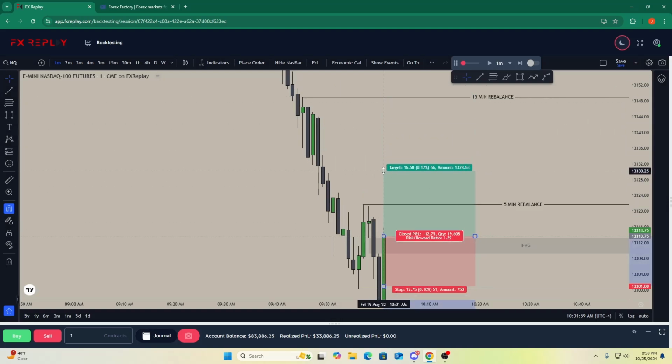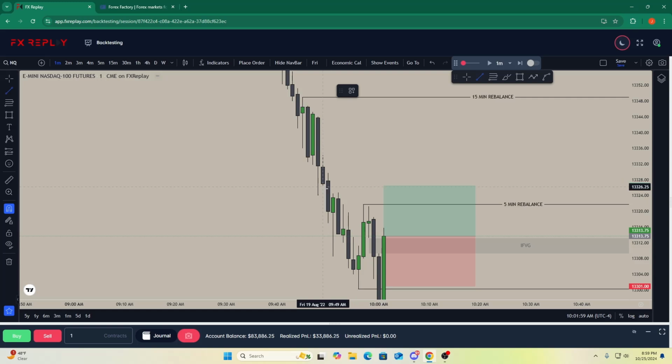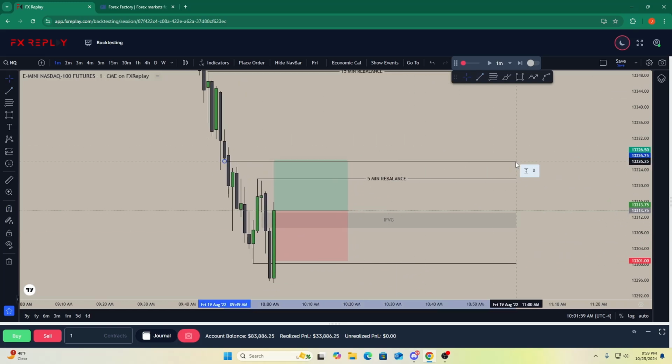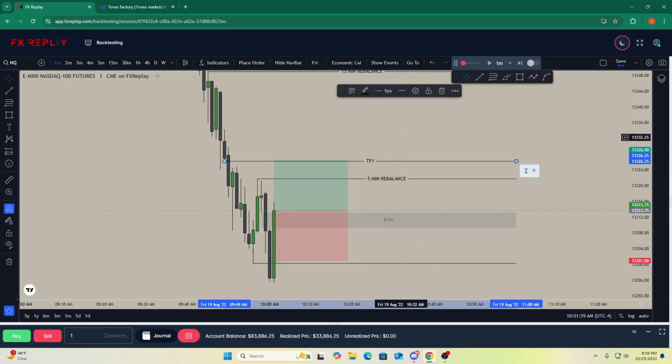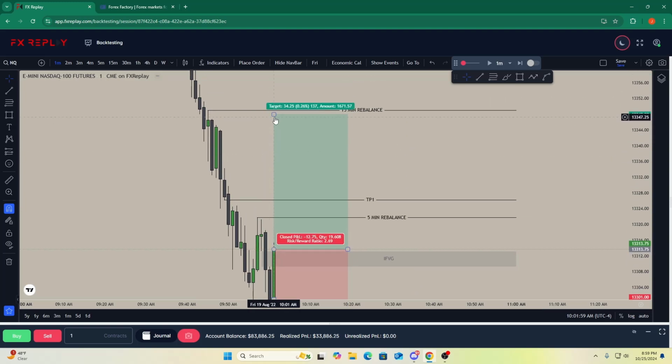So we can partial exactly at a 1-to-1. We'll take a TP1 at 1-to-1, and we'll hold the rest for 15-minute rebalance here.